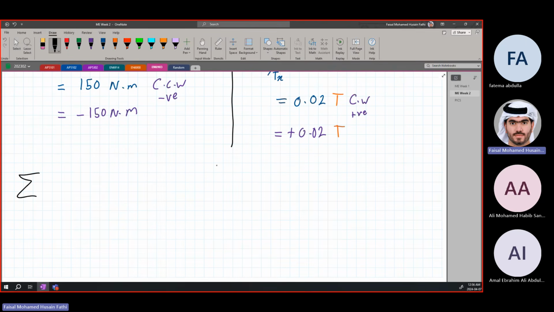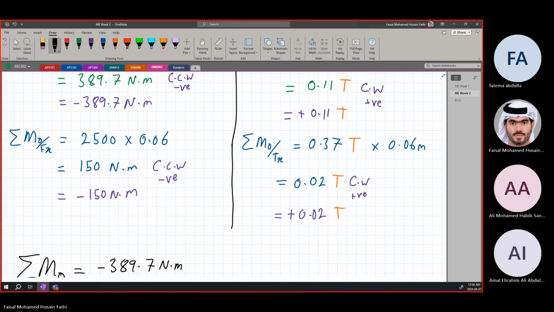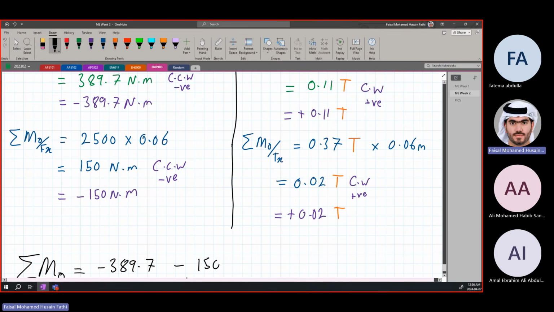So sigma moment now about O is equal to, we will write these one by one. So minus 389.7 Newton meter. I won't write the units, we already know they're all Newton meter. Okay, minus 150. So this is coming from here. This is coming from here. Okay?